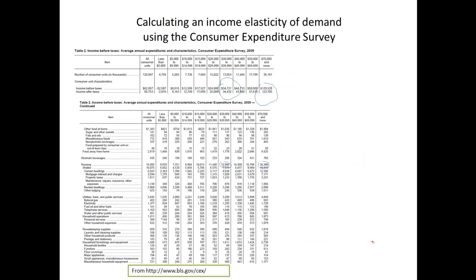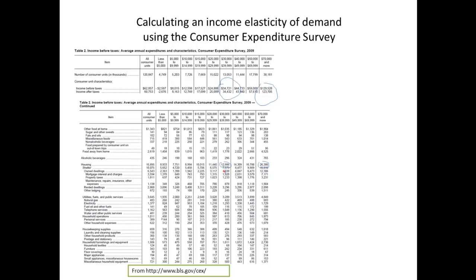Let's illustrate an income elasticity of demand using the Consumer Expenditure Survey. What I want to focus on is like a dusty government statistics book, and I'll magnify the things you need to care about. What you can see is expenditures on different categories of products across households of different levels of income.